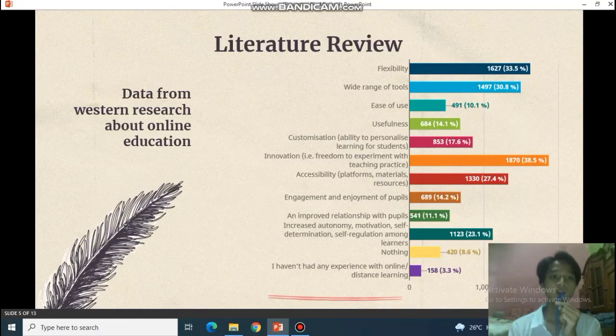Data from recent research about online education. This is actually the positive side of online learning, and that is there is flexibility, a wide range of tools, ease of use, usefulness, customization or the ability to personalize learning for students, innovation, freedom to experiment with teaching practice, accessibility from the platforms, materials, and resources, and engagement and enjoyment of pupils, and an improved relationship with pupils, increased autonomy, motivation, self-determination, self-regulation among learners.